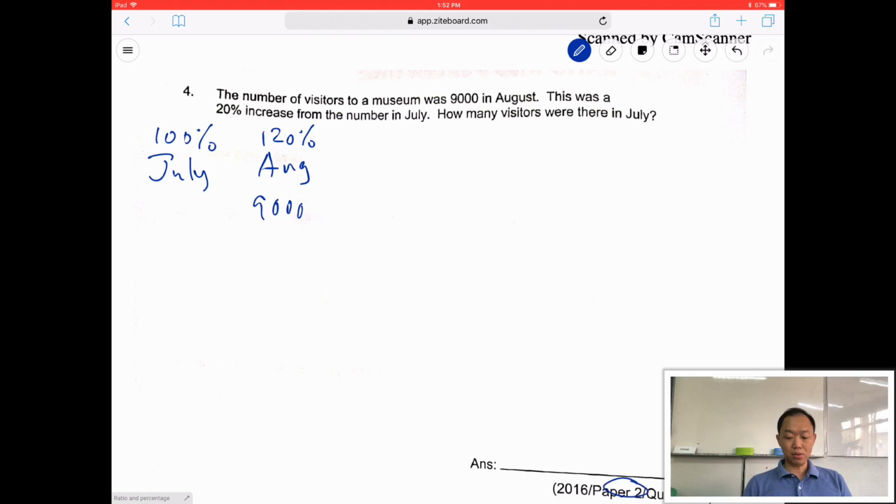Now this is a paper 2 question, so I can actually use the calculator. So how to find in July what is 100%? Then 100 divided by 120 times 9,000 people. It's 7,500 people.